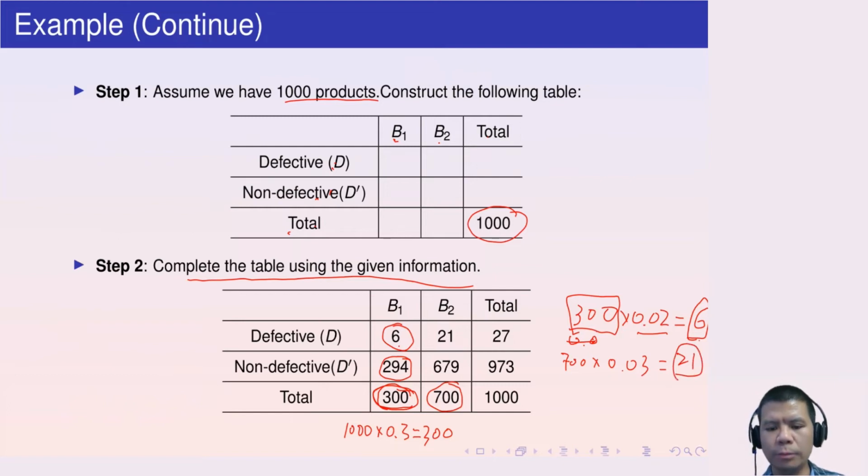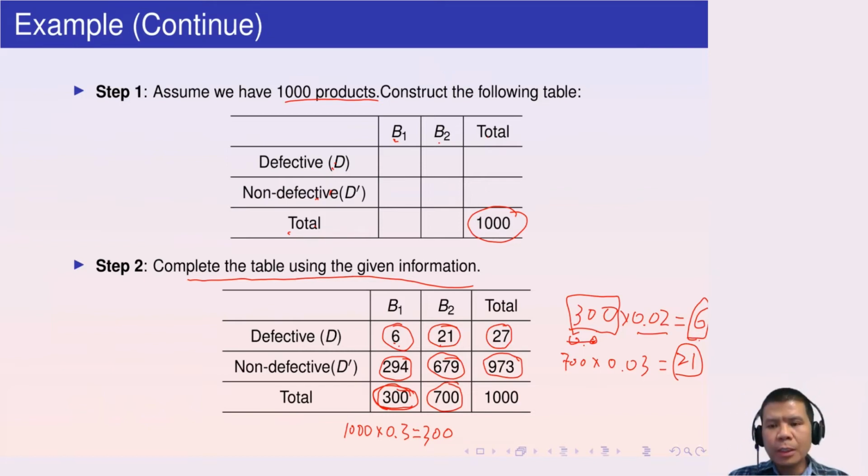So we have 21 here, and since this is 21, the non-defective ones are 679. Then if we do the column-wise summation, 6 plus 21 is 27. That's the total number of defective products. And similarly, 973 are non-defective ones.